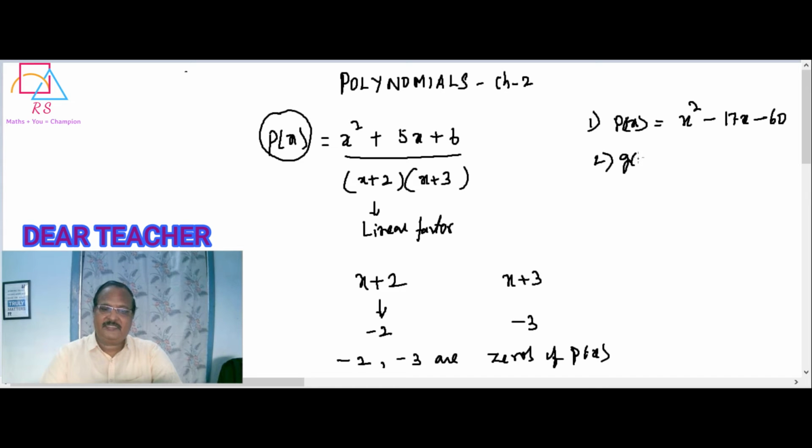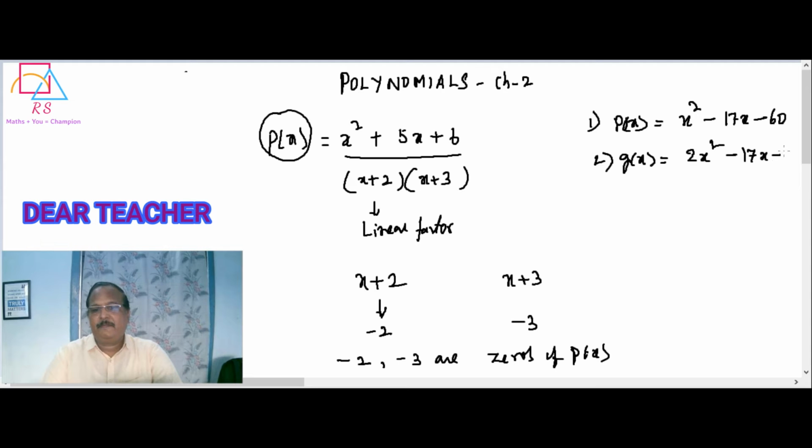And g(x) is equal to 2x square minus 17x plus 30. I gave you two questions. I want you to find out the zeros of these polynomials.